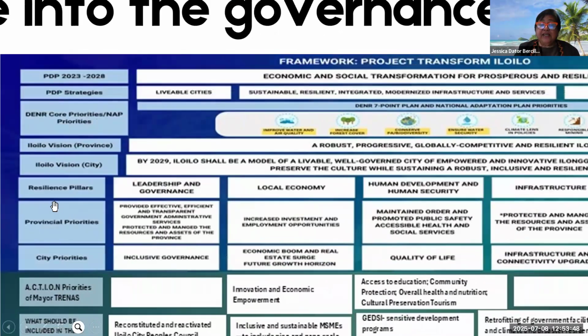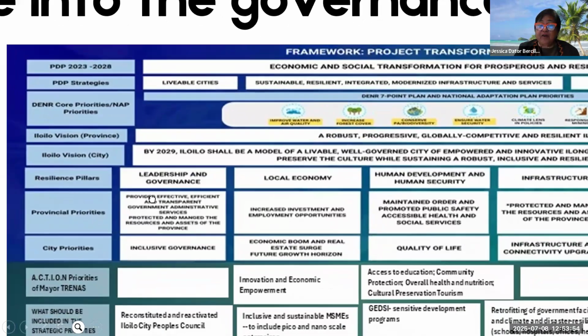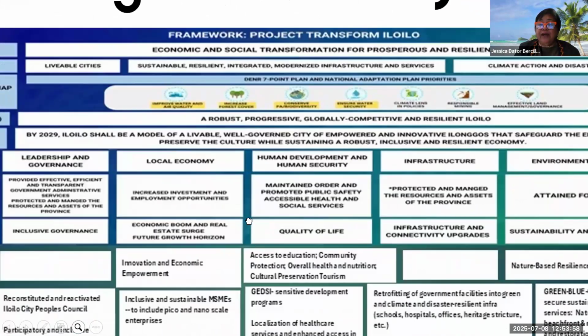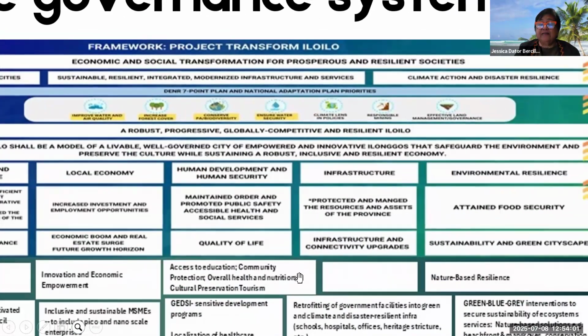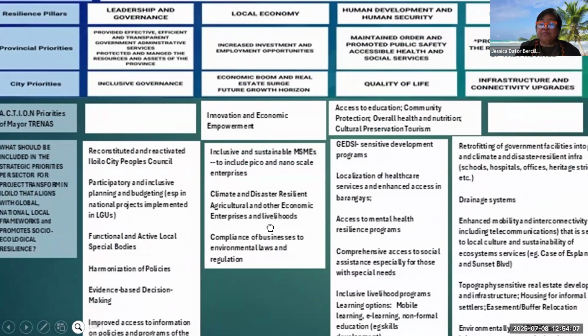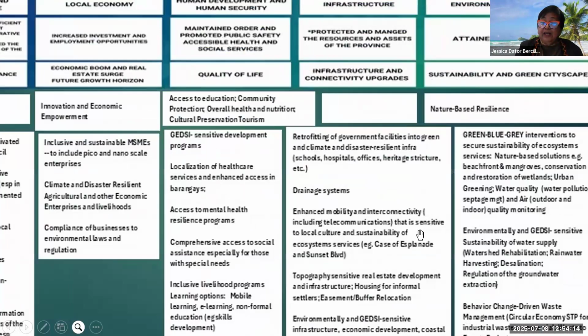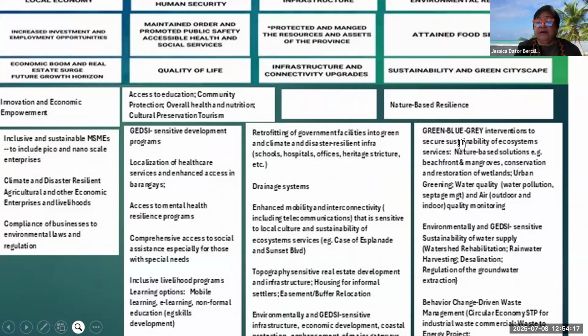And explicitly, they give emphasis on resilience pillars like leadership and governance, local economy, human development, infrastructure, and environmental resilience. And the different stakeholders take part in crafting the programs, plans, and actions that will guarantee sustainability and resilience in the coastal city. So, for example, you see here the green, blue, gray interventions that are highlighted in the city of Iloilo, as well as environmentally, gender, and socially inclusive approaches to accessing basic resources. Okay.